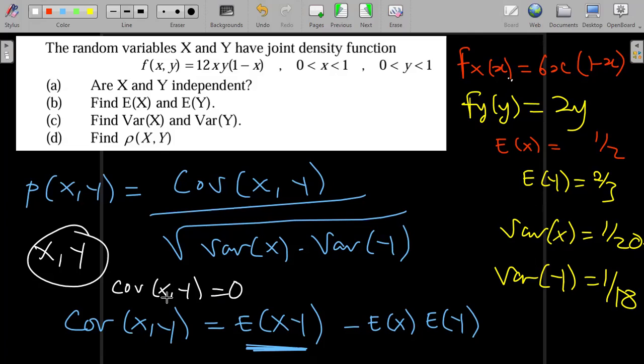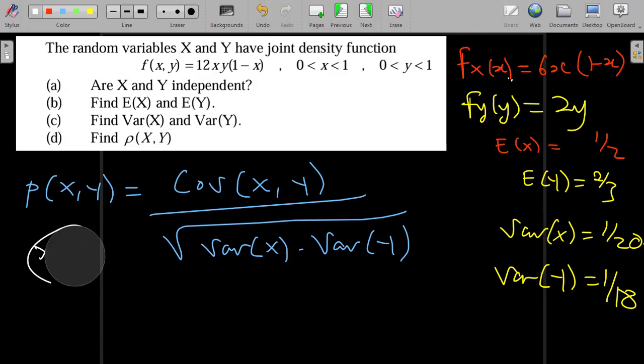But always, if X and Y are independent, then the covariance is 0. So since here we found that X and Y were independent, then the covariance is 0.